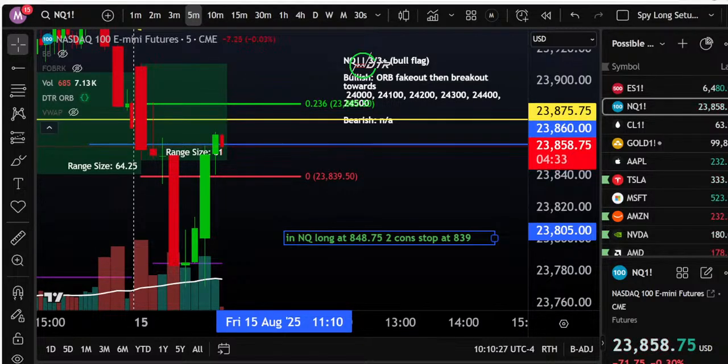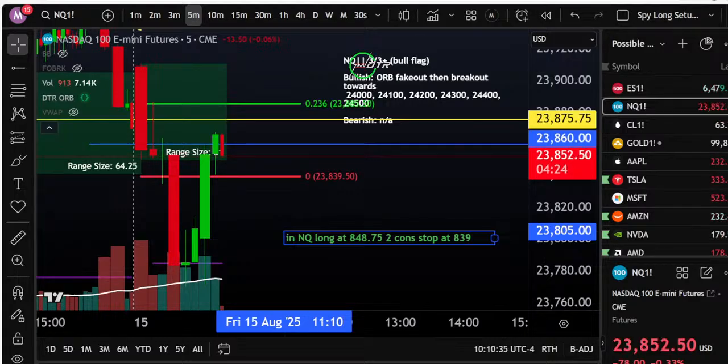Come on, get back up there. Honestly, kind of a worst case scenario pullback here because it didn't make a higher high.